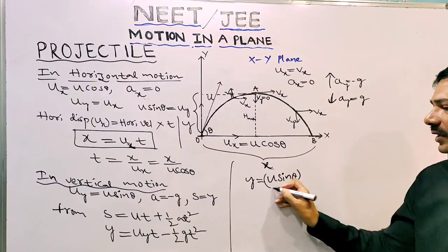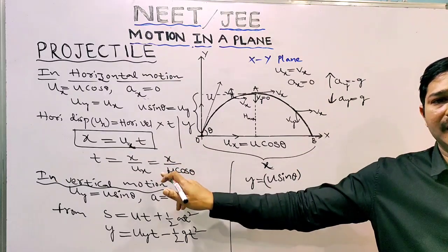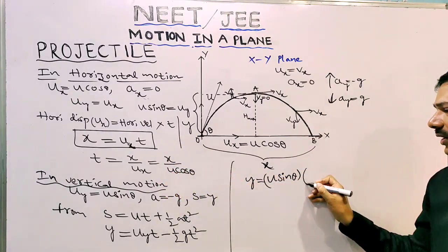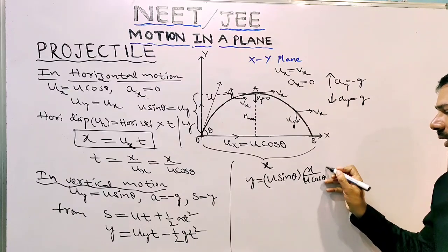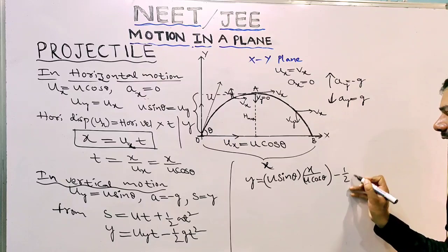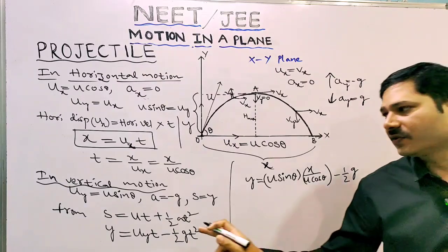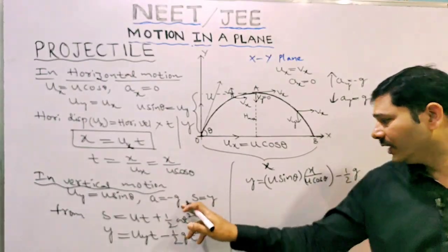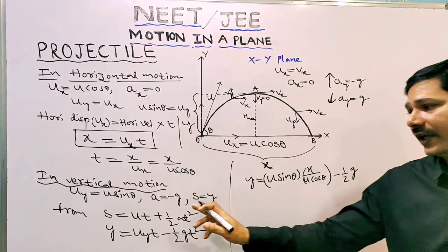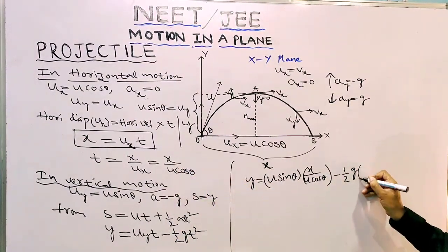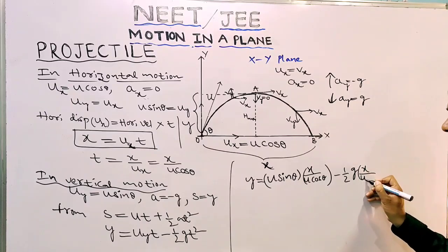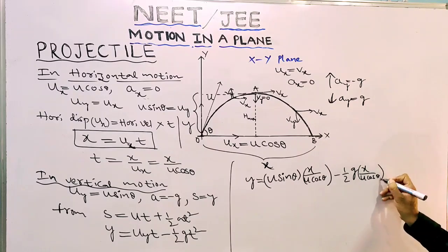T means what we just solved, x by u cos theta, minus half g t square. Here g is minus g, as already taken, and t is x by u cos theta, so x by u cos theta whole square.